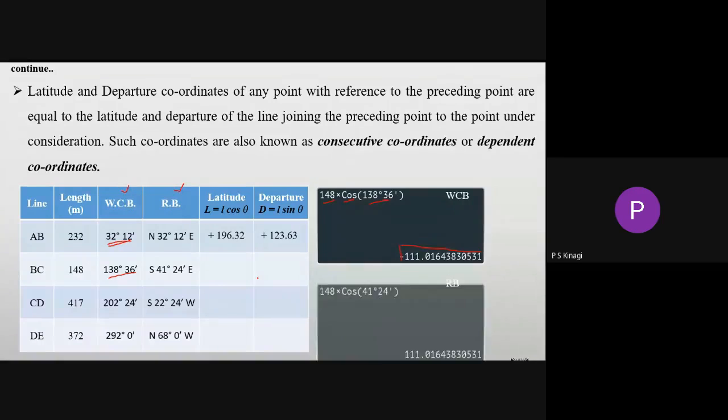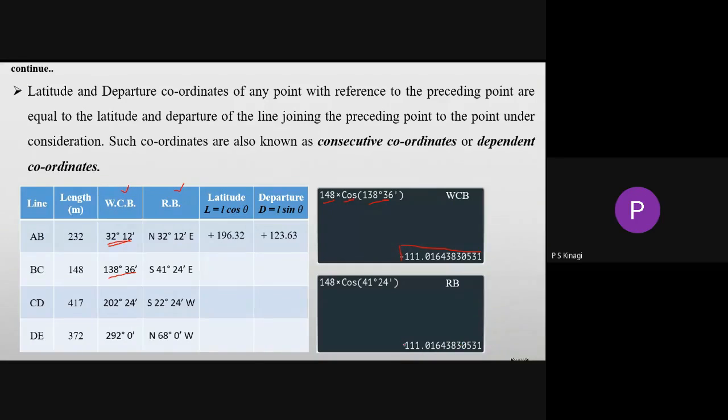Directly we can write minus 1,311.02 like that, the value. But with the same calculator, instead of theta in WCB, if you are using the quadrantal bearing or reduced bearing system, then observe that the calculator will show only the value. It will not show the sign convention of the value.